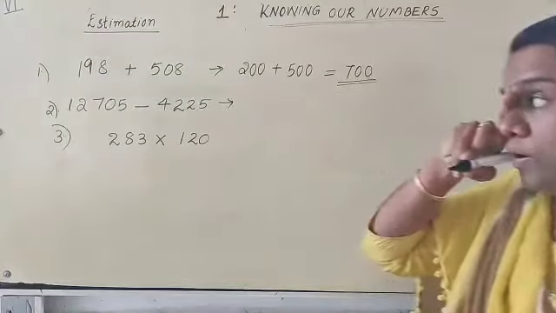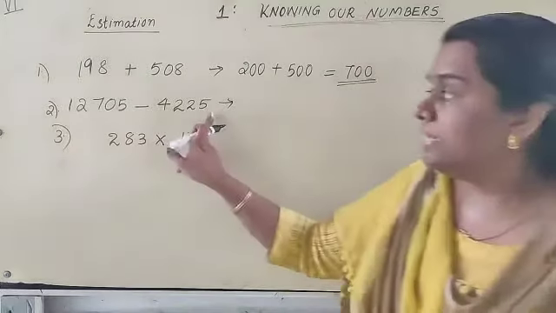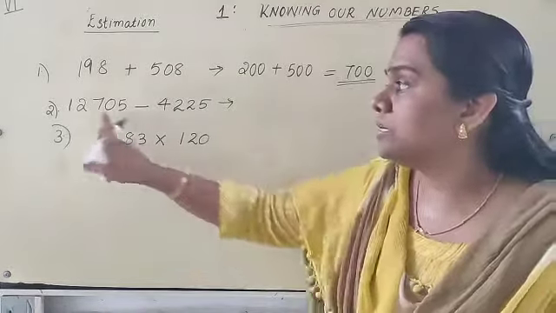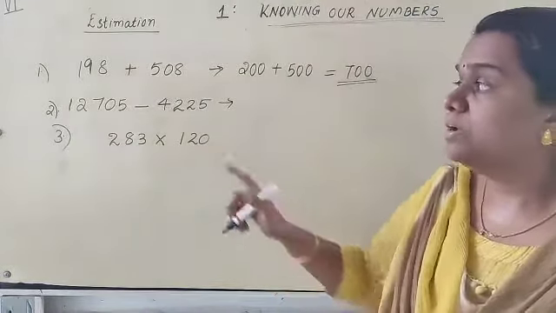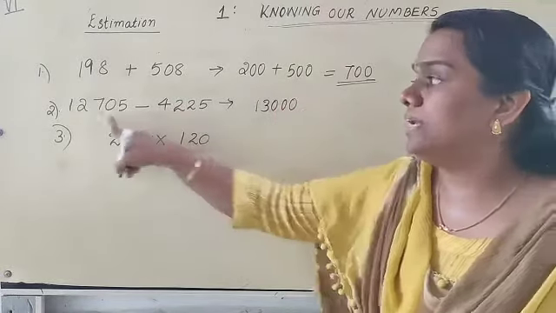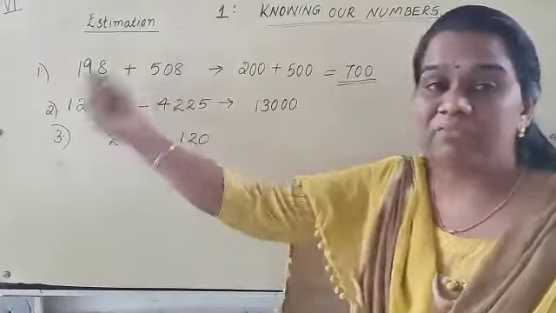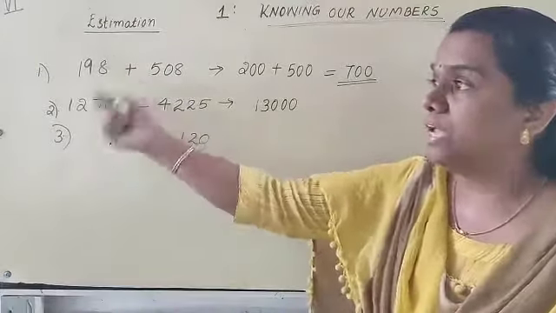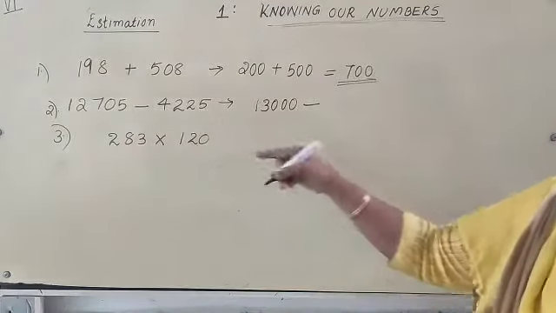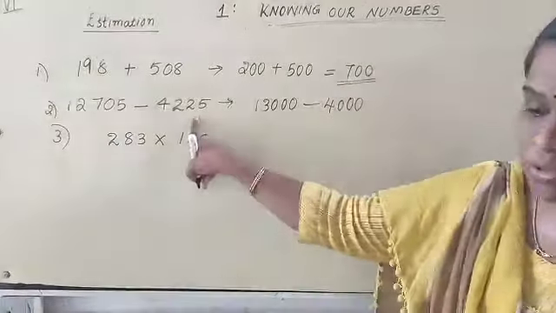And here, 12,705 and 4,225. One is in the thousands, this is in the ten thousands. We can round off to the nearest 1000. 12,705, more than 500 is there, so we can write it as 13,000 minus 4,225, less than 500, so it is rounded off to 4,000.